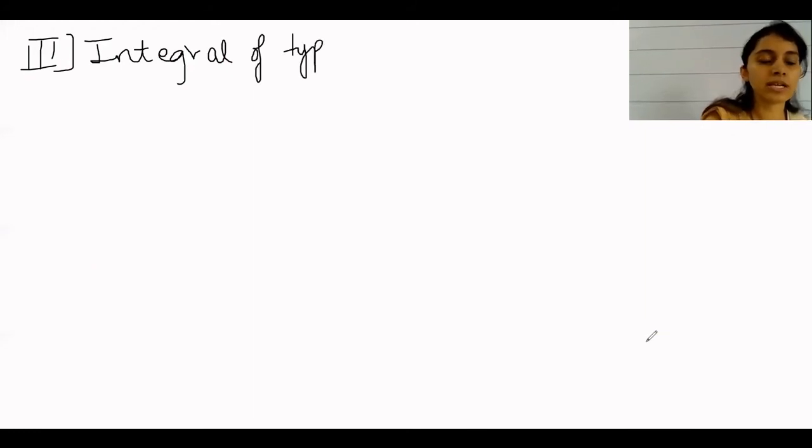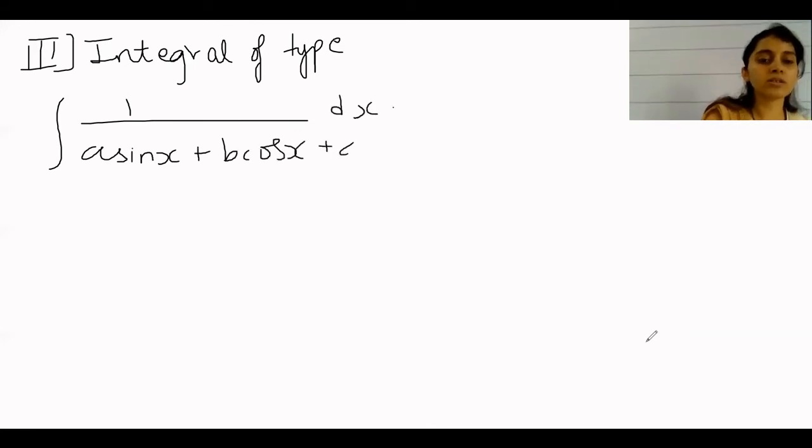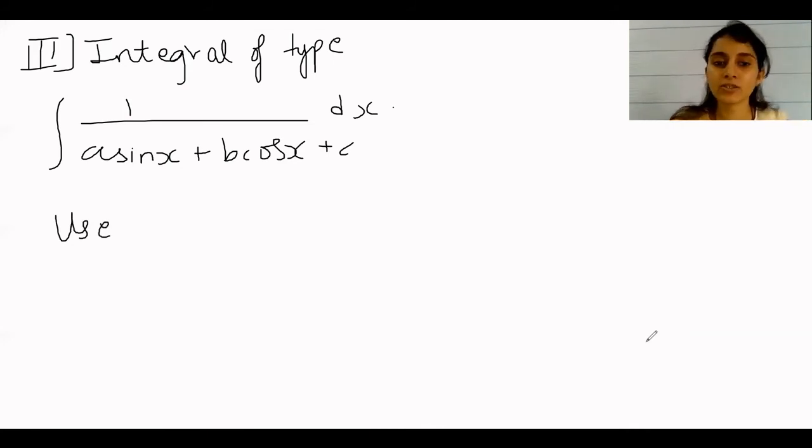So what is the type? It says integral 1 upon a sin x plus b cos x plus c. Now there is no square. So what is the substitution you are going to do? The method is same, you are going to divide throughout either by sin x or by cos x.